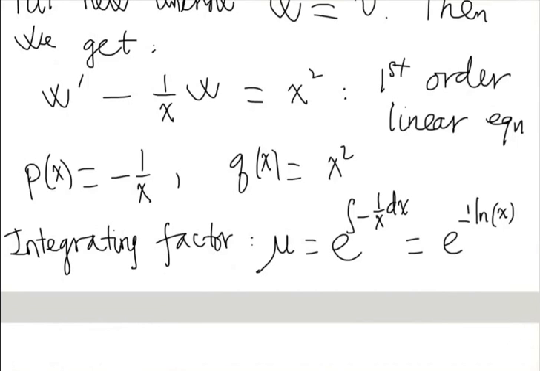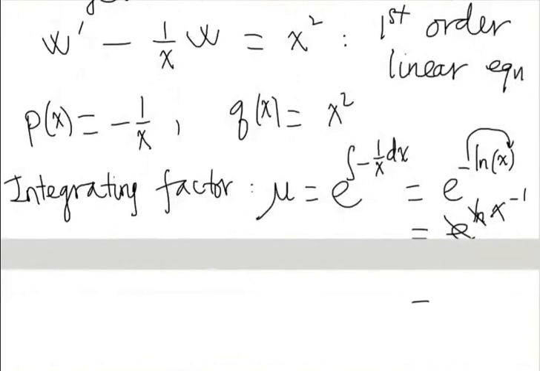The minus sign goes in the exponent to get e to the log of x to the minus 1. And now we can cancel out e and log to get x to the minus 1, which is 1 over x. So the integrating factor is 1 over x.